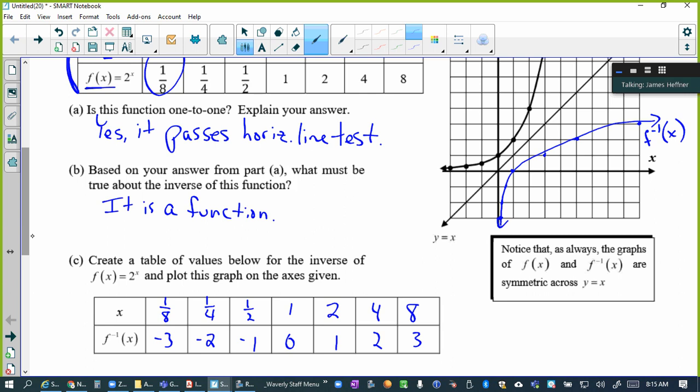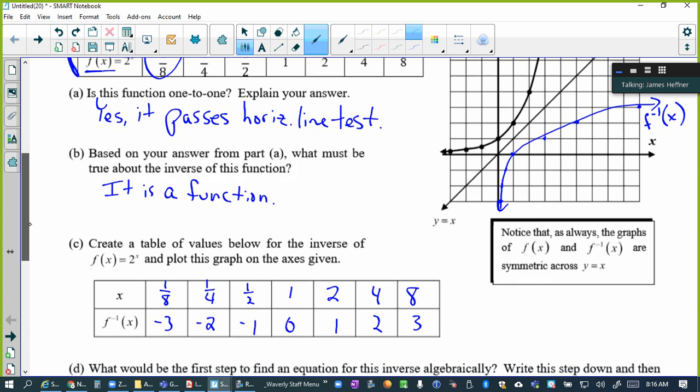So guys, if this original graph was our exponential function, then the inverse is the logarithm function. So what we just graphed is the log function. Logarithmic, we can just say log, as long as you know it's logarithmic. That is the logarithm, the inverse that undoes the exponential function.